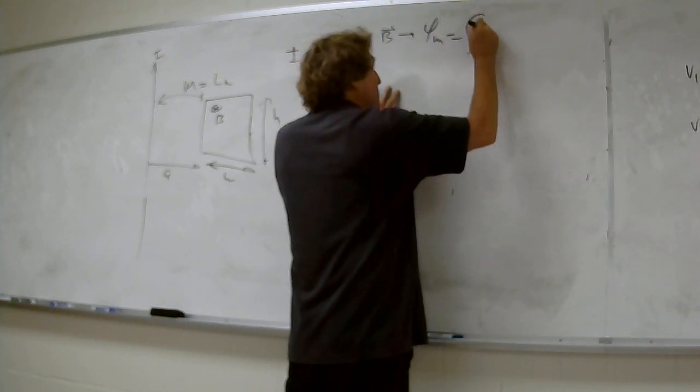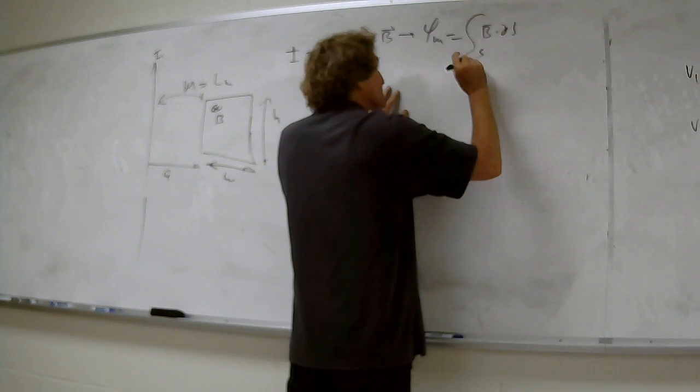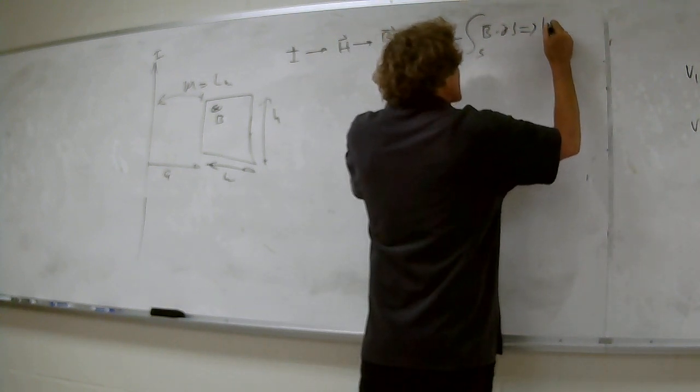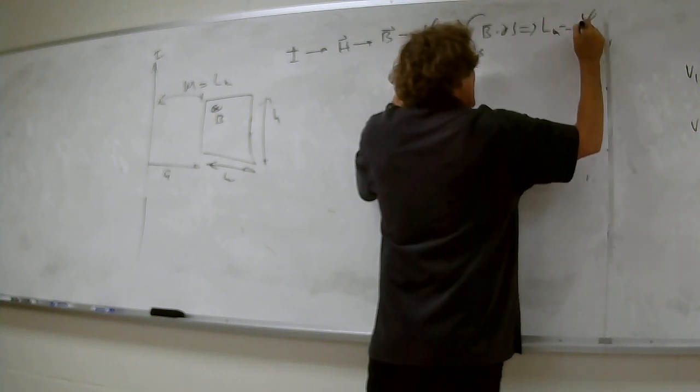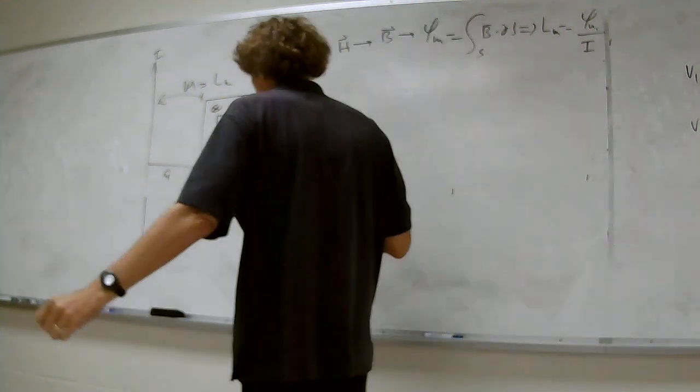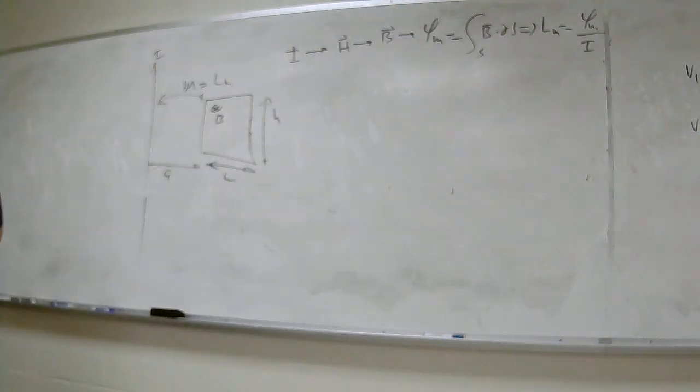It'll be the integral of B dot ds over the surface. Finally, I get the mutual inductance by saying it's equal to the magnetic flux penetrating that second circuit divided by the current causing it. This is mutual inductance. You can actually use it for self-inductance. I won't have time to talk about that today, but are you with me?